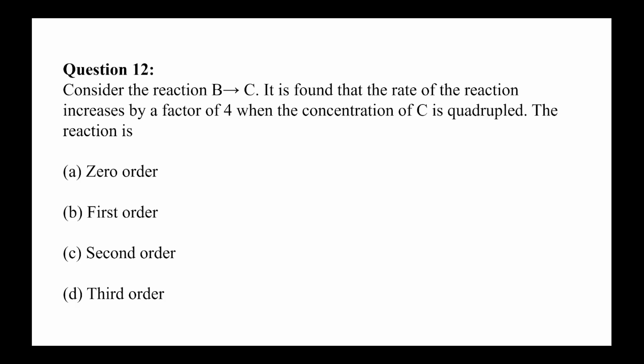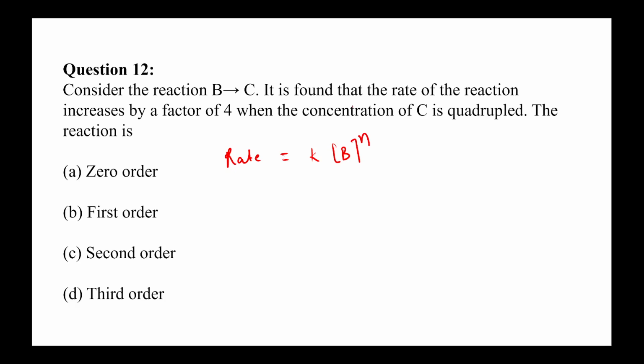I told you the rate of any reaction is written as K multiplied by the concentration of reactant, in this case B, to the power of n, where n is the order of the reaction.